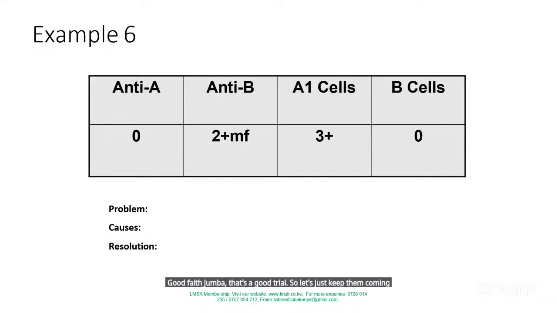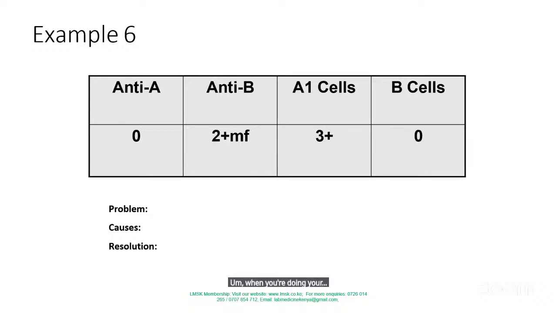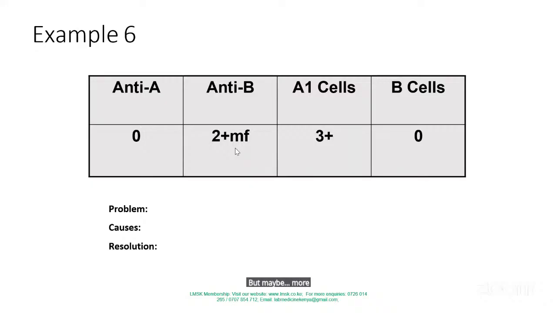So at least this was interactive, and I must say I'm impressed by some of the answers I'm seeing. This is the most interesting of all of them, especially for those who are actively working in a transfusion center or in a hospital setup where you are doing a lot of cross-match for your patients. If you are in a referral hospital like Kenyatta, I know you'll be receiving so many patients with different conditions.